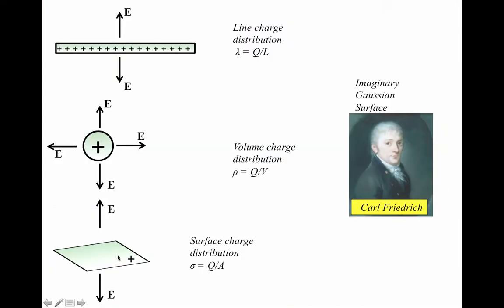So the Gaussian surface is the most important thing. This is the imaginary Gaussian surface, and as I mentioned before, we have three types of Gaussian surfaces that will capture the symmetry, or basically capture all the electric field lines, which is the flux.